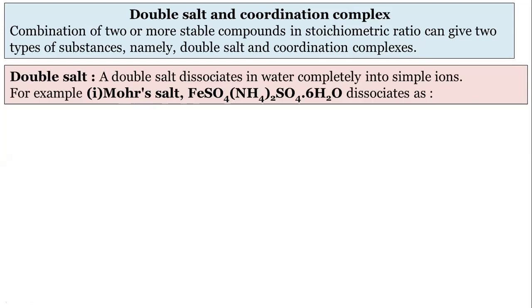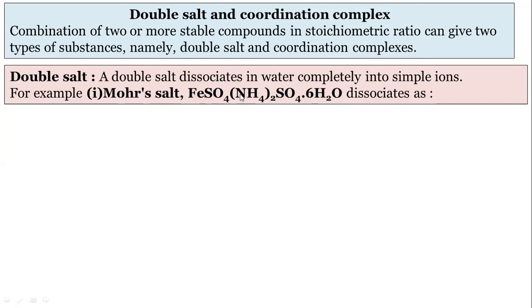See the formula of the Mohr salt. It is prepared with ferrous sulfate and ammonium sulfate. Equal amounts of ferrous sulfate and ammonium sulfate are mixed together in hot water. This is heated, and after heating, crystallization is done. This Mohr salt preparation is also included in the practical.